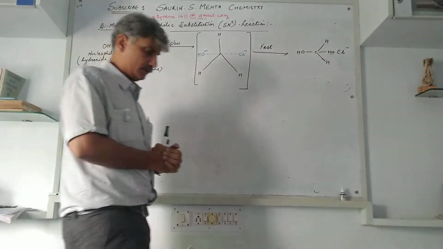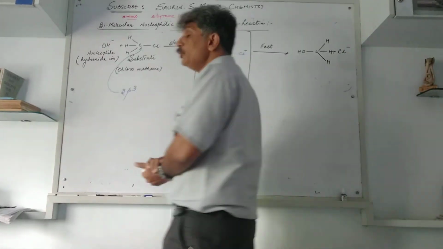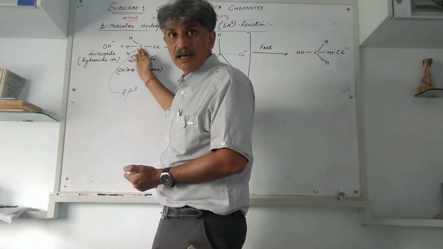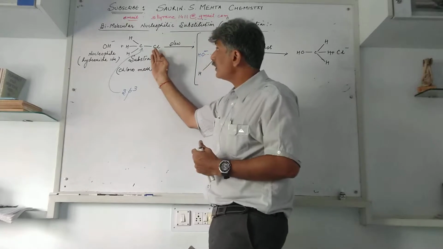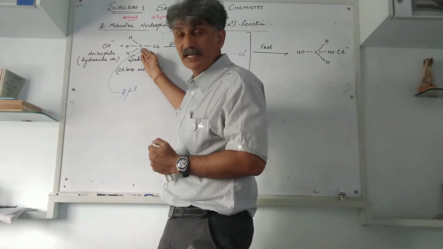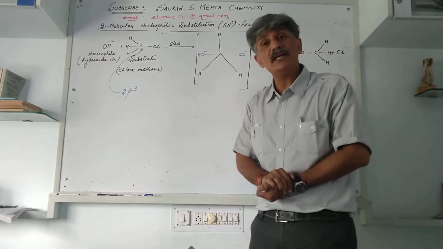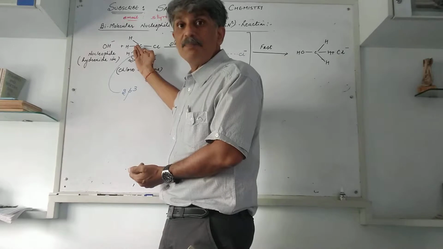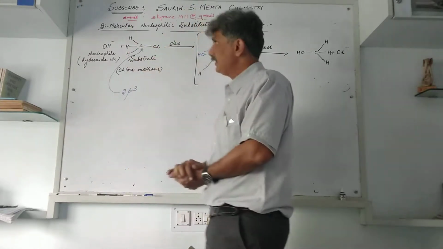Now what happens? As OH minus is a strong nucleophile, it will have a tendency to attack the carbon which is bonded to Cl. Why? Because Cl is more electronegative than the carbon atom, so Cl will slightly pull the electrons of carbon towards it. As a result, this carbon atom will be partially positively charged and the chlorine atom partially negatively charged.